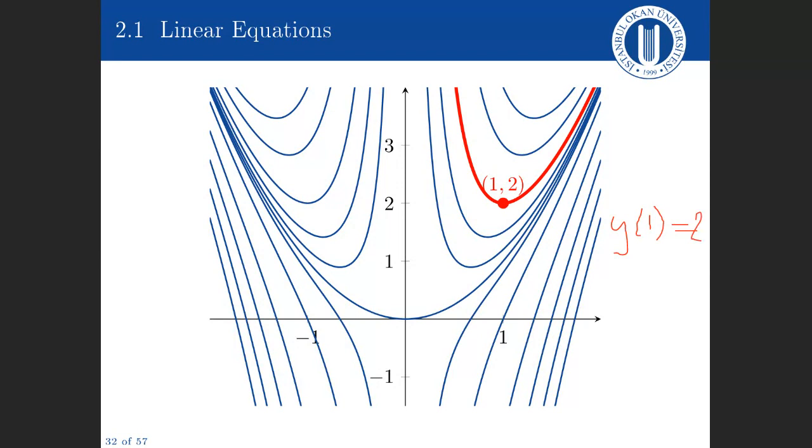So in other words, we're asked to find the solution which passes through the point t is equal to 1 and y is equal to 2. In other words, the solution which passes through this point. And it's the curve which I've shown in red on this graph.